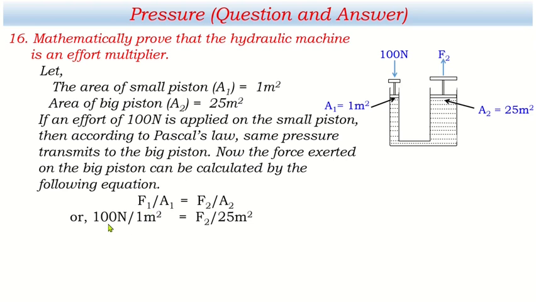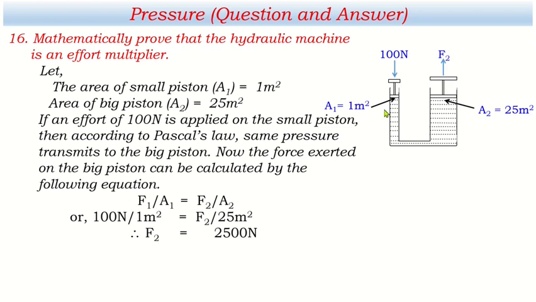Look at this: F1 is taken as 100 Newton, A1 is 1 m², A2 is 25 m². We are going to calculate F2. F2 comes what? 25 multiplied by 100 becomes 2500 Newton. Meter square and meter square cancel each other, and the final result is 2500 Newton. What does it mean?